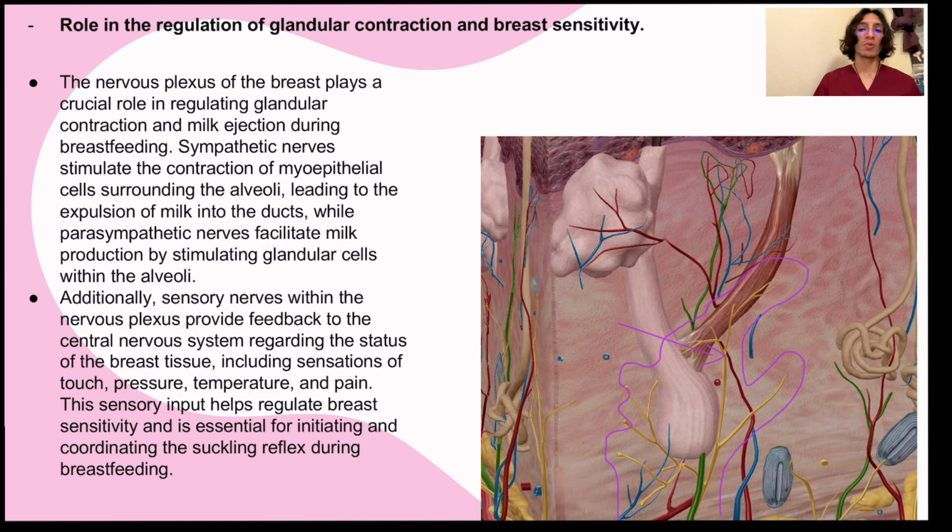Additionally, sensory nerves within the nervous plexus provide feedback to the central nervous system regarding the status of the breast tissue, including sensation of touch, pressure, temperature, and pain. This sensory input helps regulate breast sensitivity and is essential for initiating and coordinating the suckling reflex during feeding.